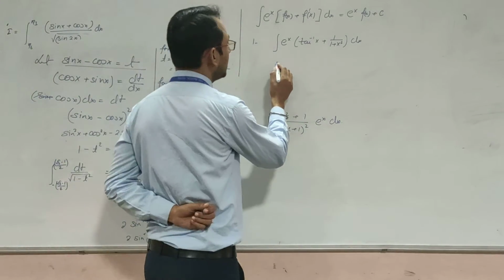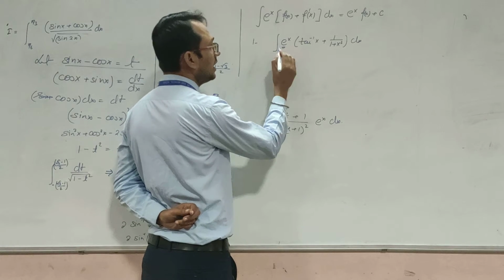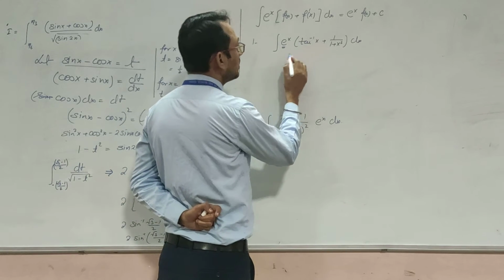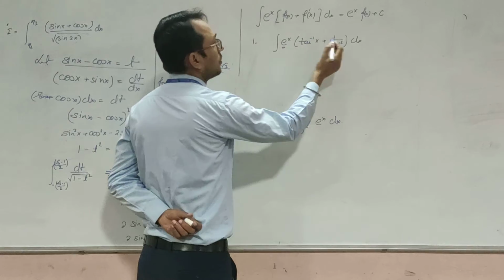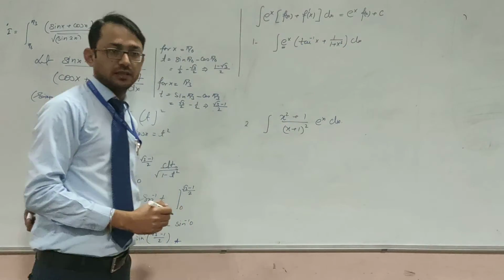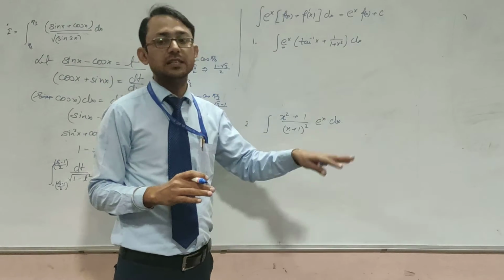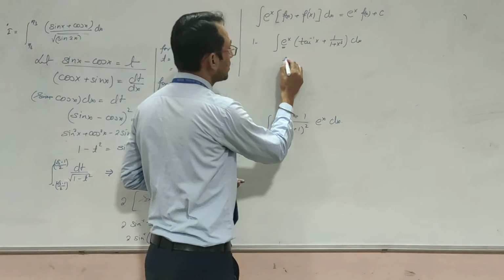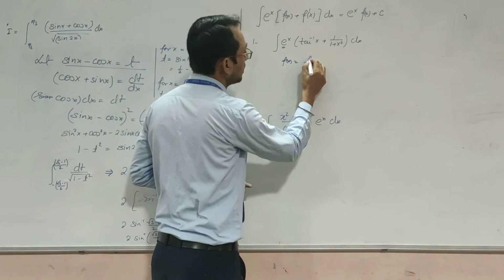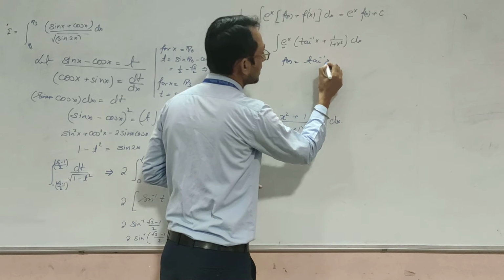So it is e to power x, and one of the two things will be f(x). If we are getting confusion, we must suppose any one as f(x). So I am supposing f(x) equals tan inverse x.